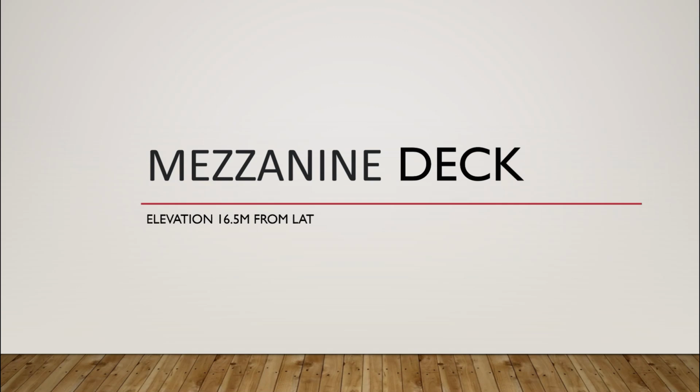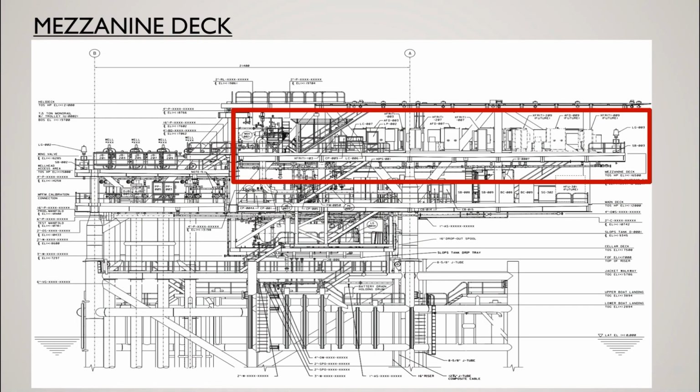After the drilling deck, there is a mezzanine deck, and this mezzanine deck is 16.5 meter from LAT. Again this elevation could vary slightly here and there depending on the different standards and different companies. As you can see, it is right below the heli deck and right above the wellhead deck, and the elevation difference, as you can see over here, is 16.5, and the wellhead deck is 15.